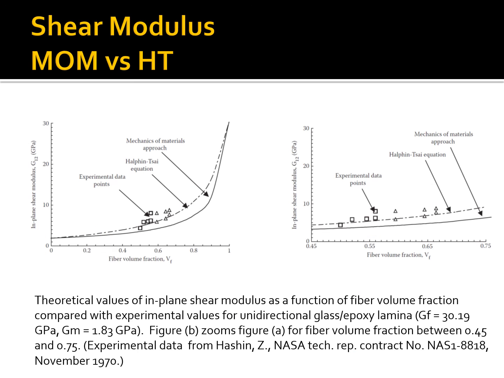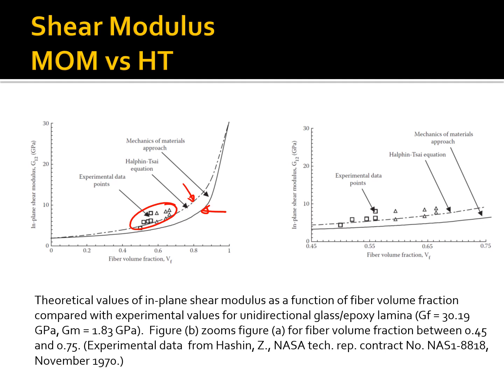Again, if you are looking at the comparison between the experimental data points, the Halpin Tsai equations, and the mechanics of materials approach, this is the mechanics of materials approach, this is the Halpin Tsai equation, these are the experimental data points, and they're very close to each other.